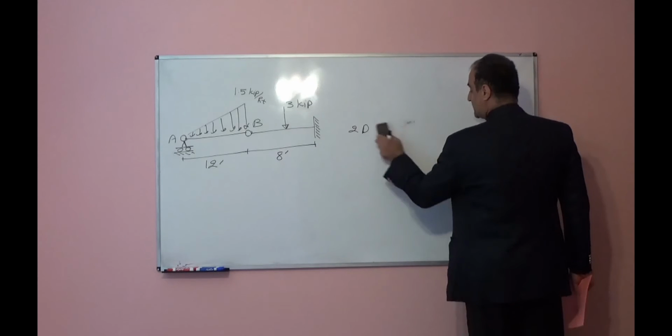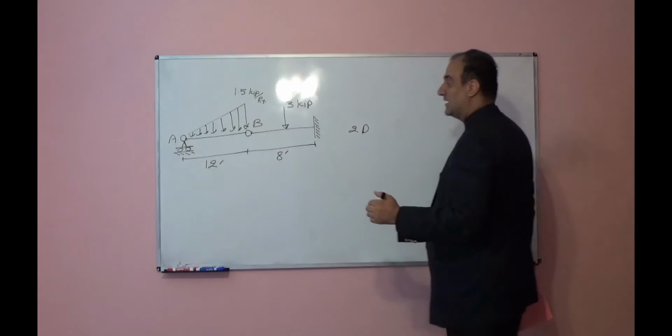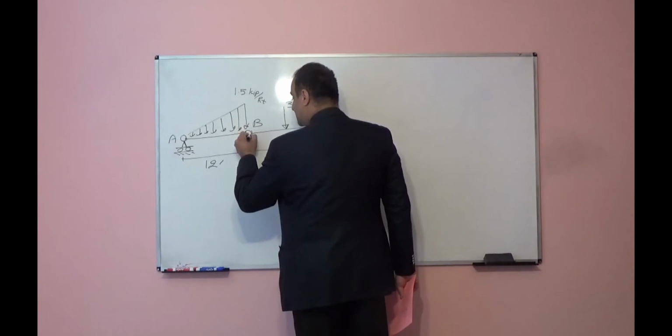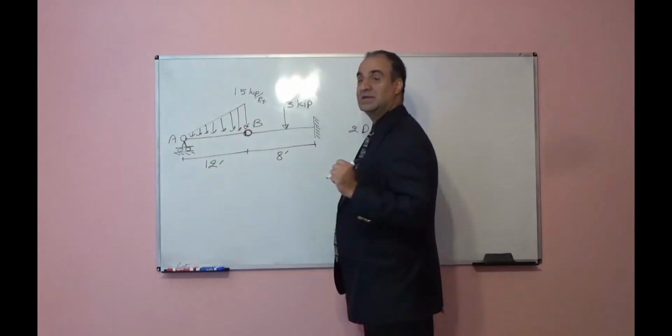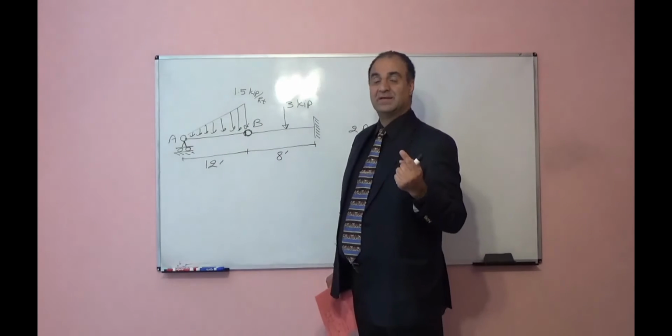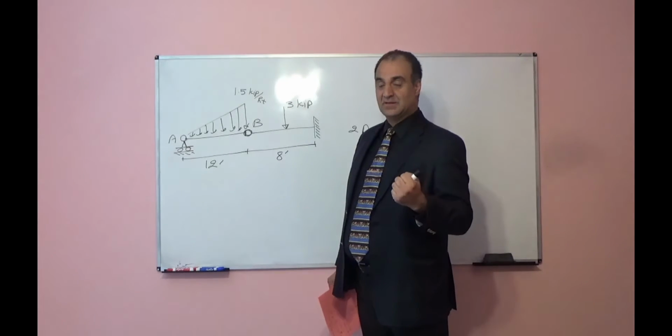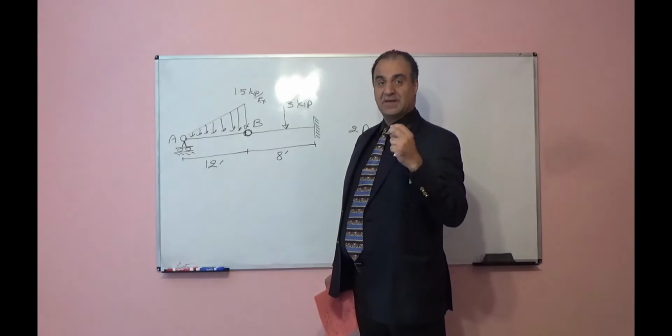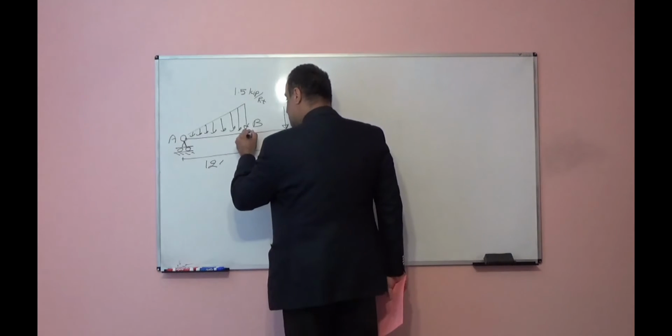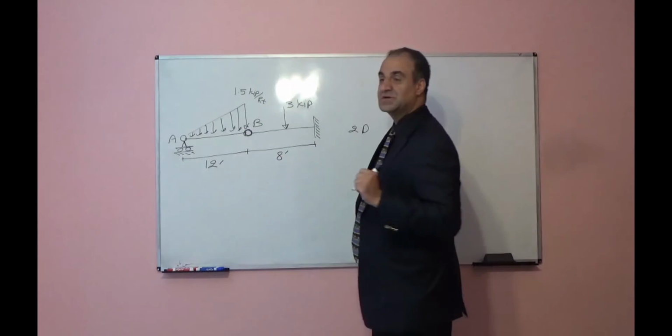According to the definition of the hinge, we release one internal force here. It means we know one internal force over there. That internal force is the bending moment. The bending moment at a hinge is always equal to 0.